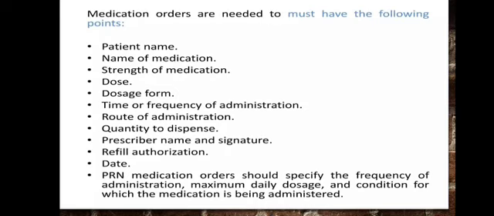Medication orders must have the following points: patient name, name of the medication, strength of medication, dosage forms, time or frequency of administration, route of administration, quantity to dispense, prescriber name and signature, refill authorizations, date.